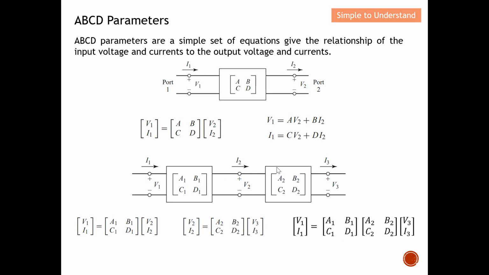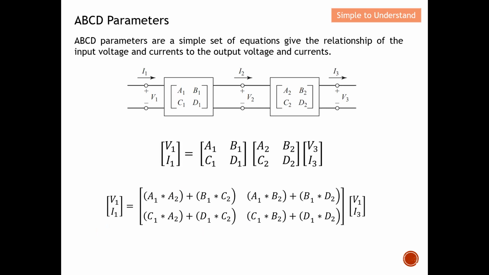So now let's take a close look at how we can combine these 2x2 matrices. This is what I have shown you on the previous page. If you still remember this from your mathematics, the outcome will in fact be another 2x2 matrix.